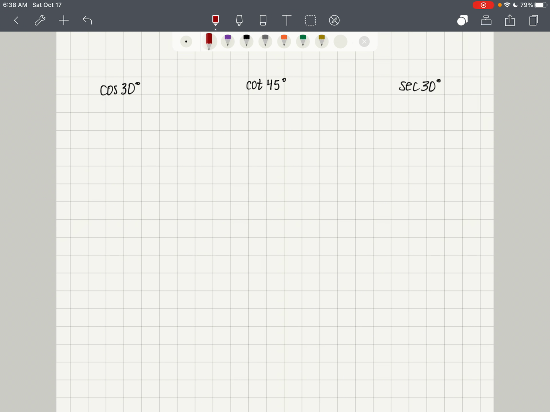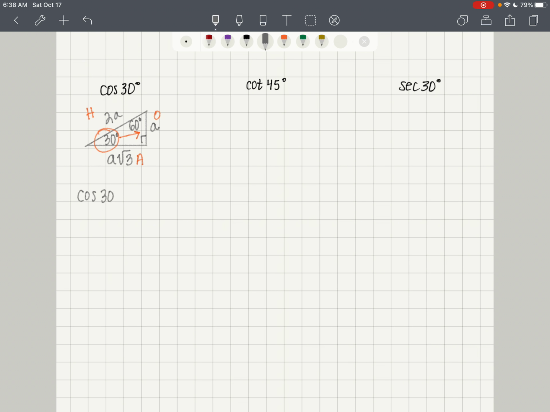Okay, the cosine of 30 degrees. We're going to draw this out real quick. I've got 30 degrees, A, so I'm going to do this as quickly as you should be able to do this so that you can see how fast you should have this down. 30 degrees, opposite, adjacent, hypotenuse, adjacent over hypotenuse.